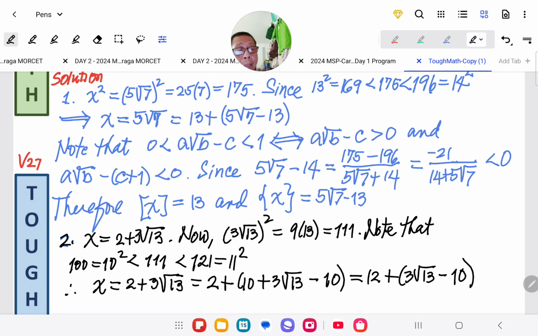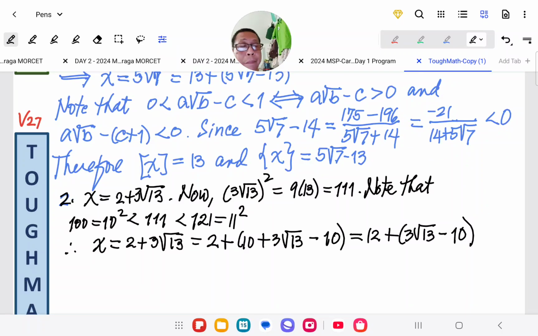Again, using the result that we have in the first problem, if you increase 10 by 1, that means we have 3 square root of 13 minus 11 would be negative.